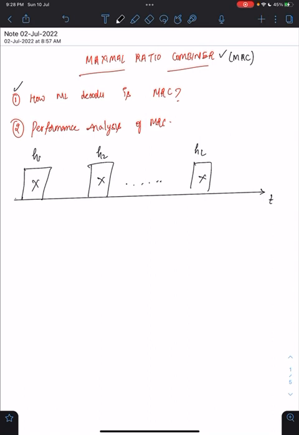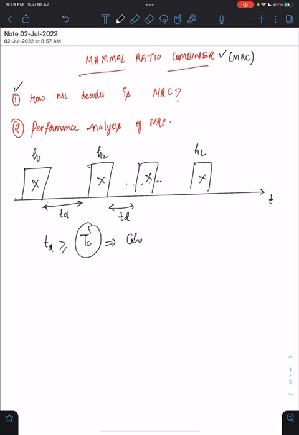So I need to specify the scheme. The scheme is that on the time axis I'm sending the same symbol L times over L channels, some kind of repetition coding. There exists a time difference TD between two consecutive symbols, and all I need to make sure is that TD has to be greater than TC, where TC is the coherence time.